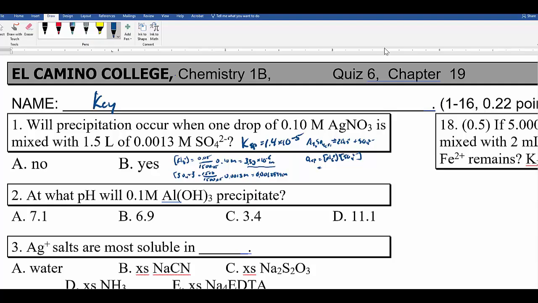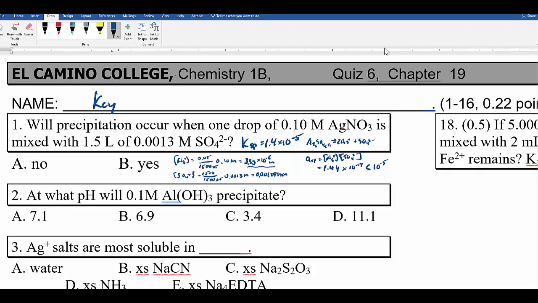Times 0.0012999. Anyway, here we didn't have to be so precise because if we look at the order of magnitude, 1.44 times 10 to the minus 14 is way less than 10 to the minus 5.